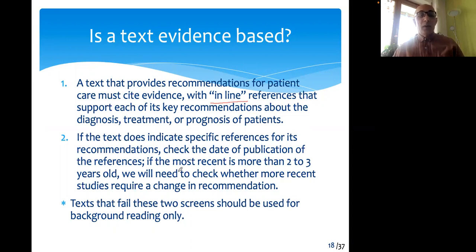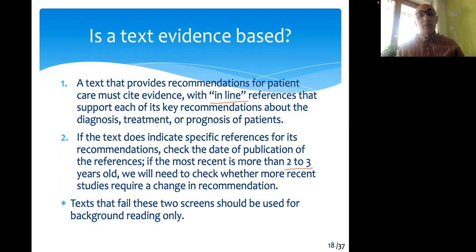And what else? The references should not be outdated, preferably 2 to 3 years old. If it is older than 2 to 3 years, they suggest that this could be used as background information, but for foreground questions, we should be looking for the most recently available evidence.